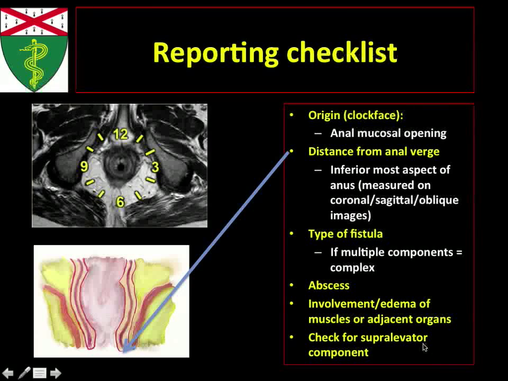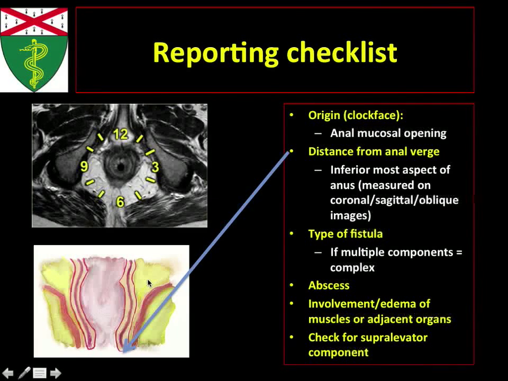And you also want to make sure to check for a supralevator component. So this is the levator plate, and as you'll see, some of these fistulas can travel upwards and abut this area or go right through it. The problem with these fistulas going cephalad in this location is that they're starting to enter the pelvis itself.